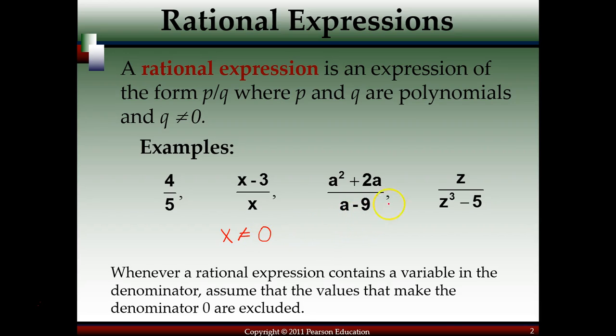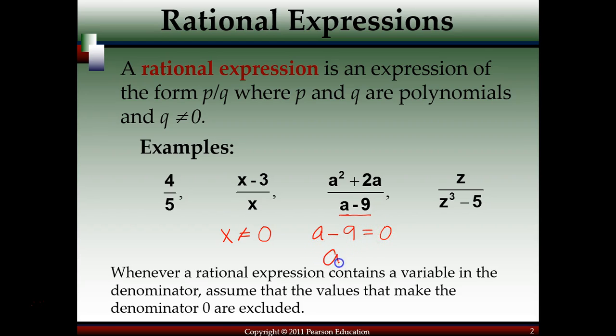Okay, let's look at this expression over here, a squared plus 2a over a minus 9. Again, this denominator cannot equal 0. So to find the value that you do not want a to be, just set up your denominator, set it equal to 0, and solve.